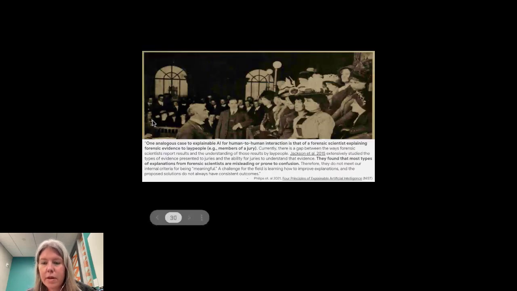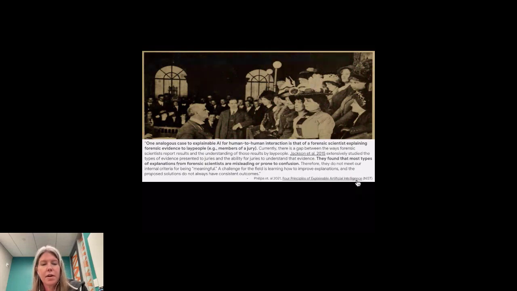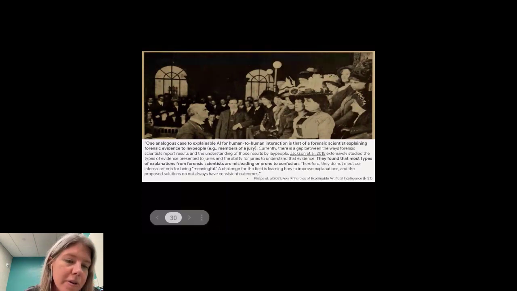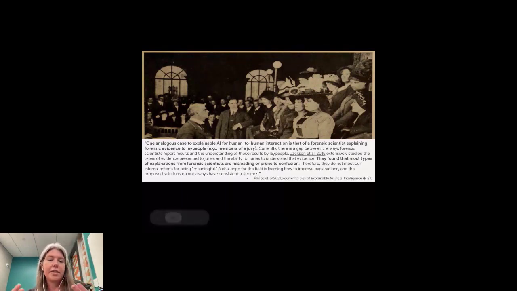There's a really great paper. NIST is a standards organization, and they put out this article called Four Principles of Explainable AI. And they had an analogy where they compared explainable AI to the way forensic scientists present information to juries.